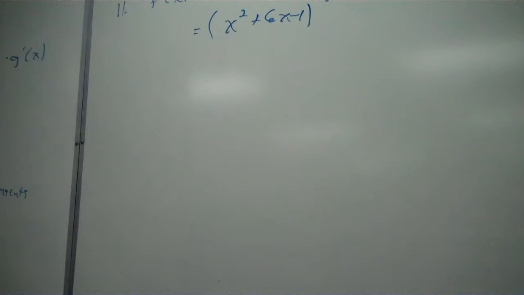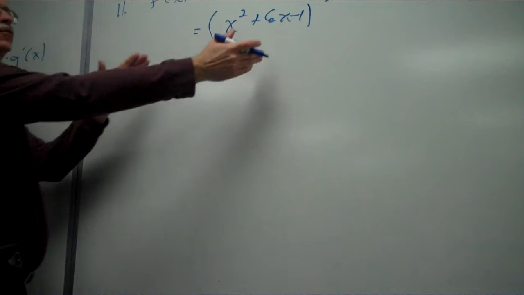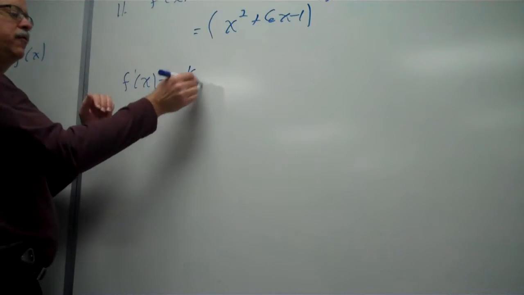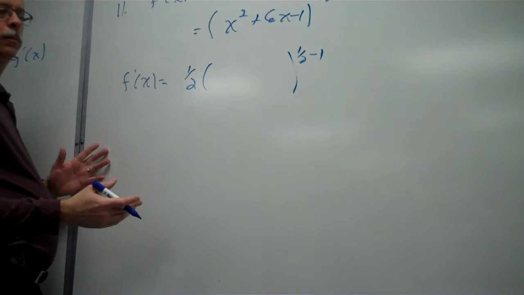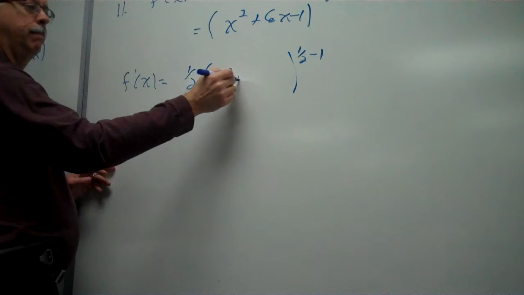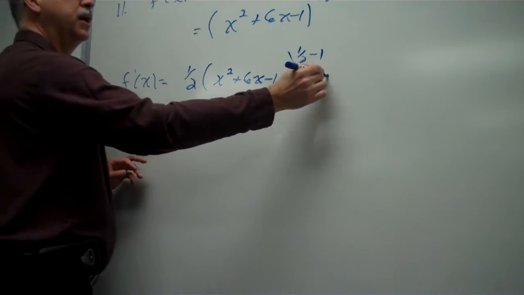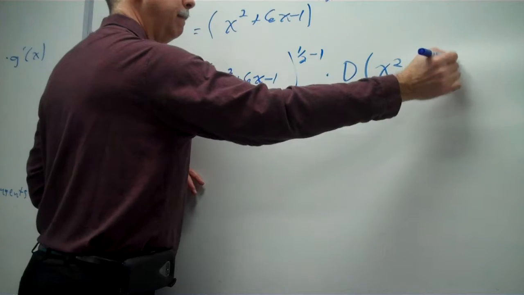So our outer function is we're taking something to the 1/2 power. So the derivative of something to the 1/2 power is 1/2 times something to the 1/2 minus 1. We apply the power rule. The argument stays the same, but then in the chain rule we take the derivative of that argument.